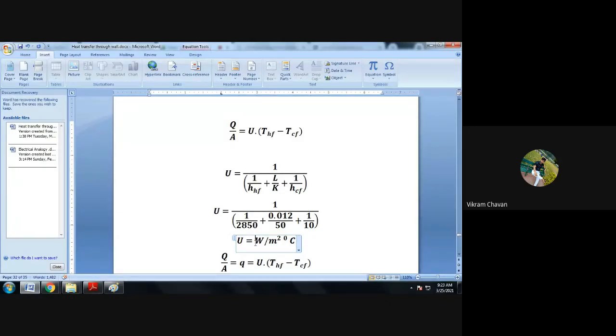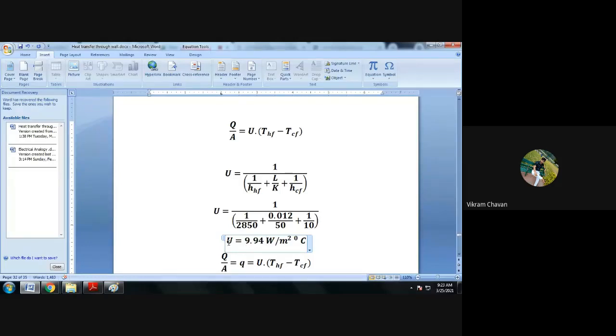What is U, the overall heat transfer coefficient? U is equal to 9.94. Great. U is equal to 9.94, and its unit is watt per meter square degree Celsius.